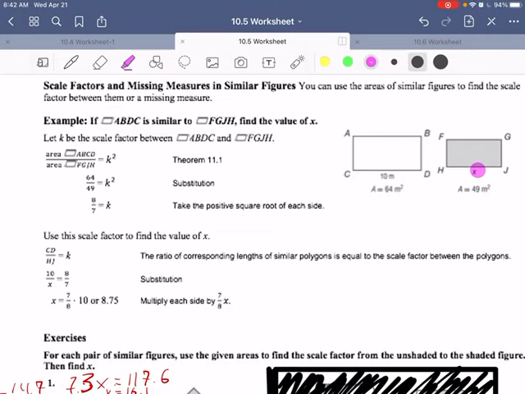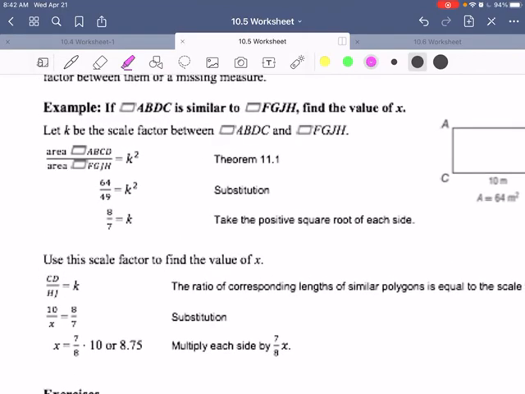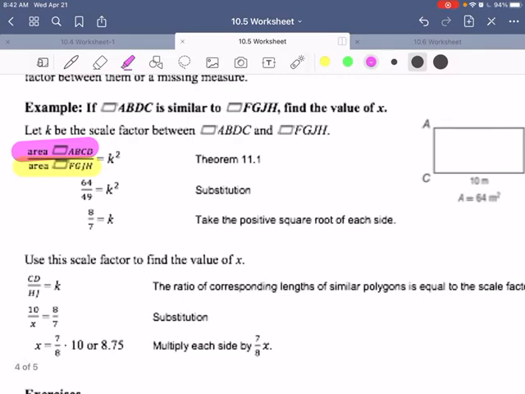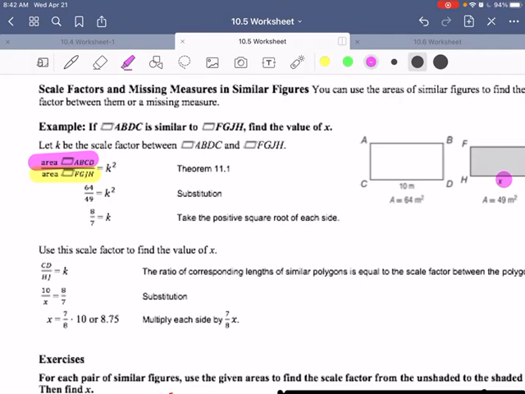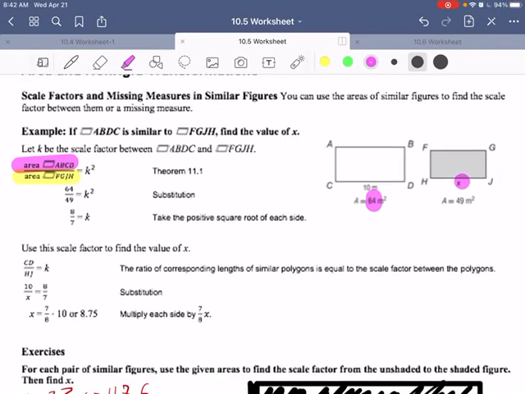Well, actually, in this one, we can find the scale factor either way, but we're going to go from the smaller to the larger. That's why you've got where we're going to over where we're coming from, and we say, all right, it's the area, so the area of where we're going to is 64, and the area of where we're coming from is 49.